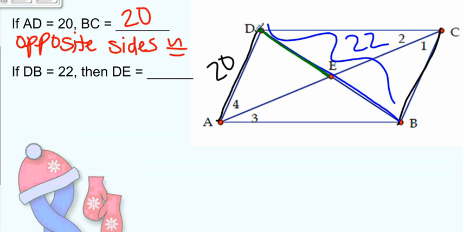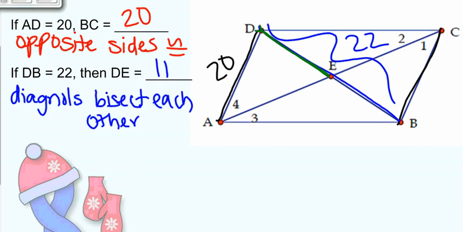Again, please pause the video here and see if you can figure it out on your own. All right, so the value of DE would have been 11 because diagonals bisect each other. So if the full length was 22, we would divide that by 2 to get 11.